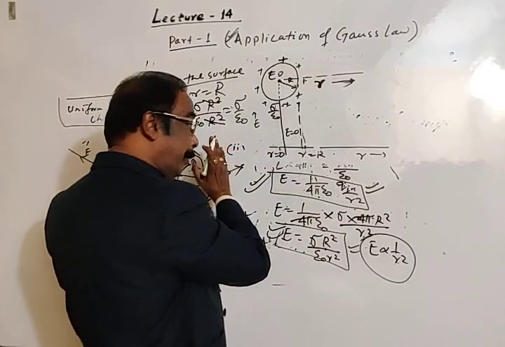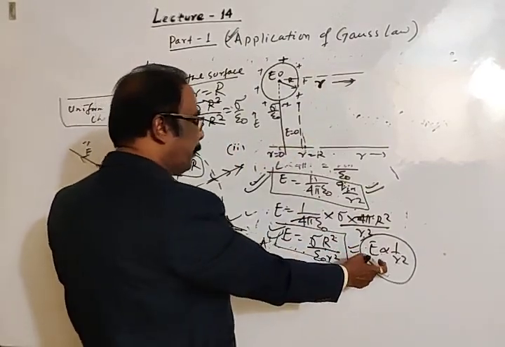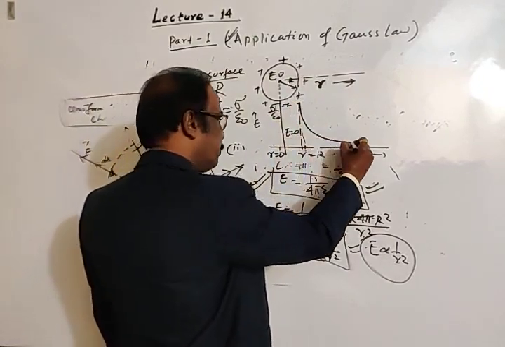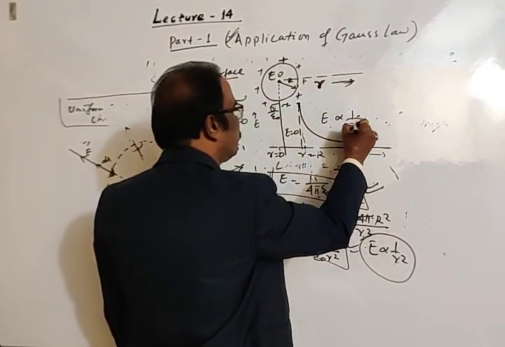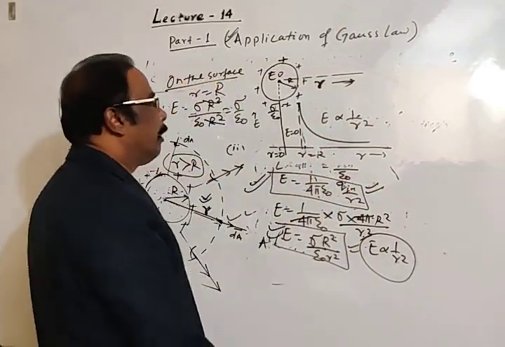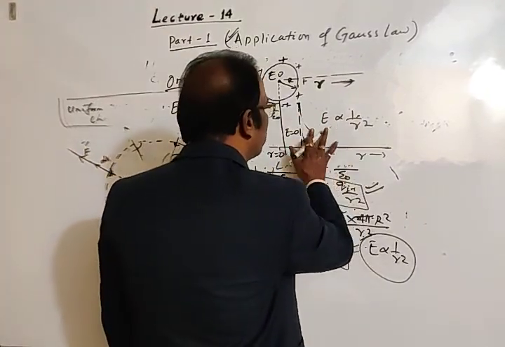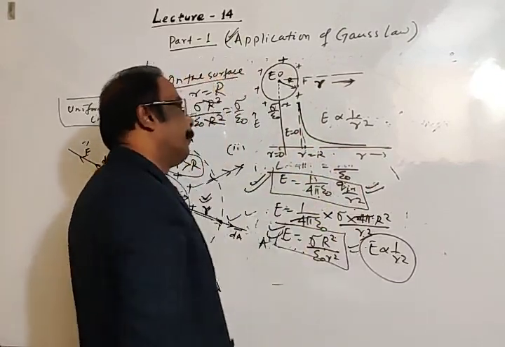Thereafter, if we increase the value of small r, then electric field will go on decreasing. This is the variation of electric field with increase in distance, electric field inversely proportional to the square of distance. This graph will be somewhat steeper.